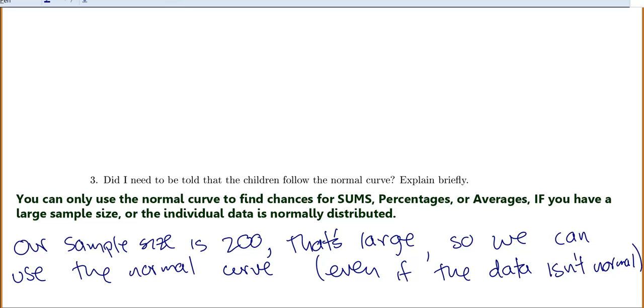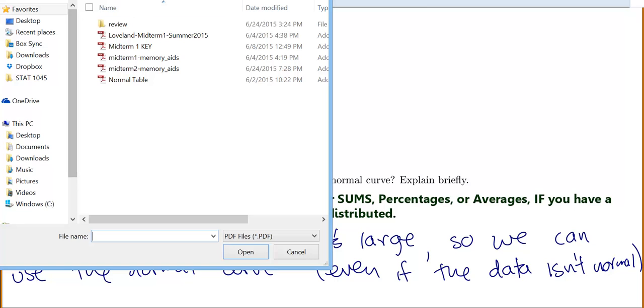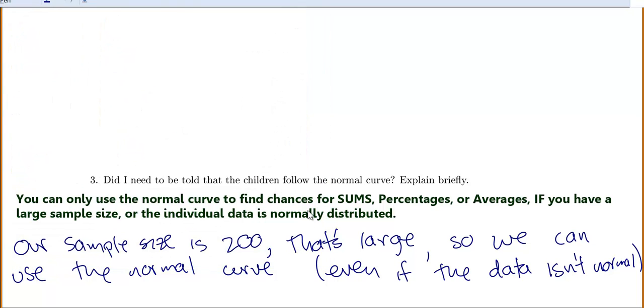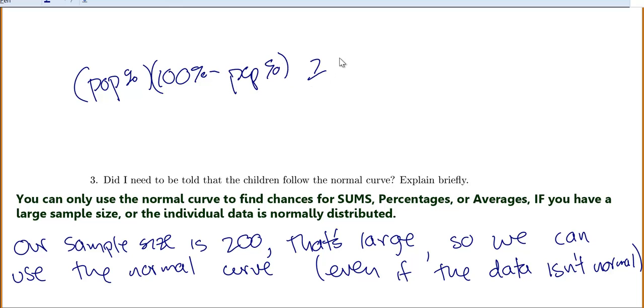There are different rules of thumb for what you're working with. So for chapter, what did I put in? Chapter 20, 21 maybe? For percentages, what you actually have to check is that the population percentage times 100% minus your population percentage is at least 1,000. That's what you have to check for averages.